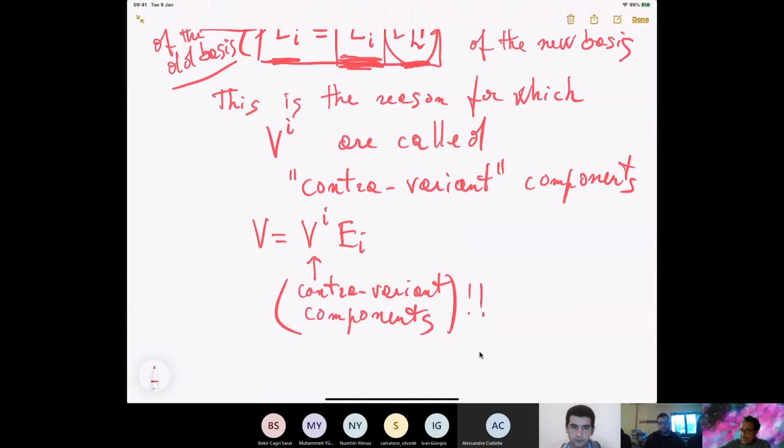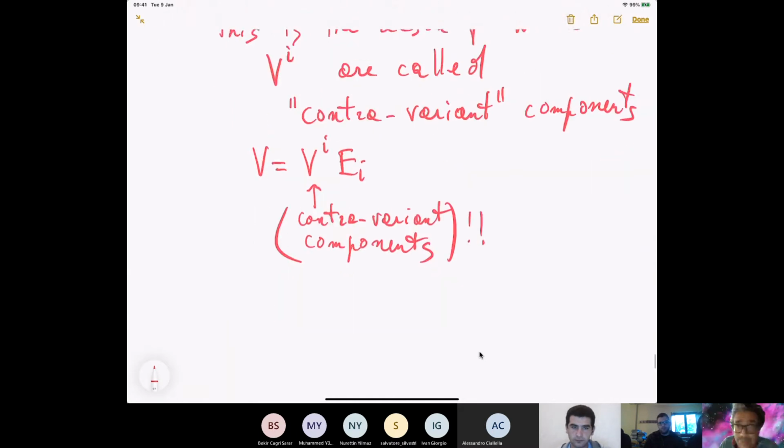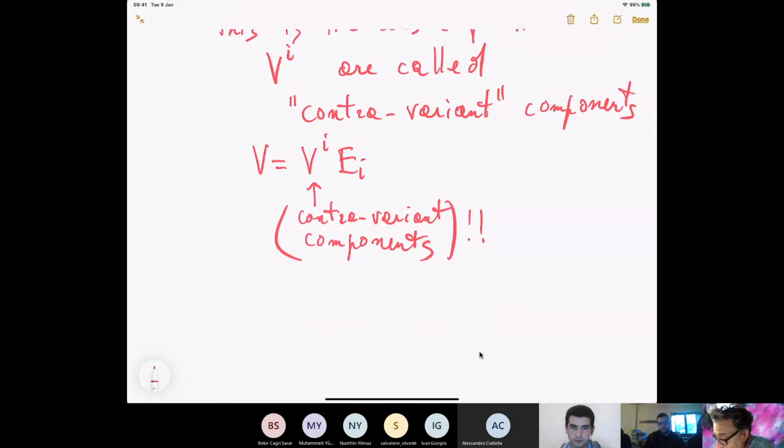Now you can understand a basic part of our convention. The vectors in the basis have low indices.